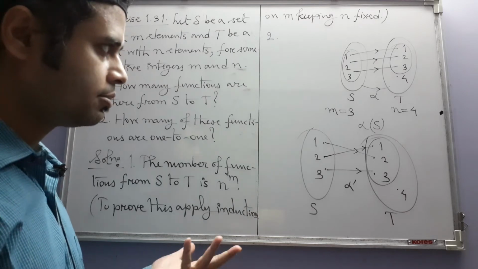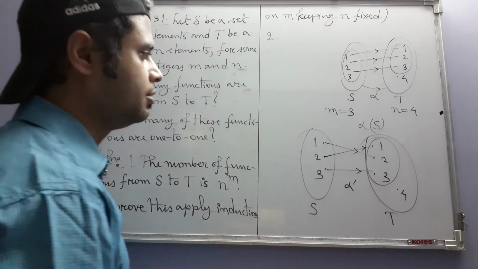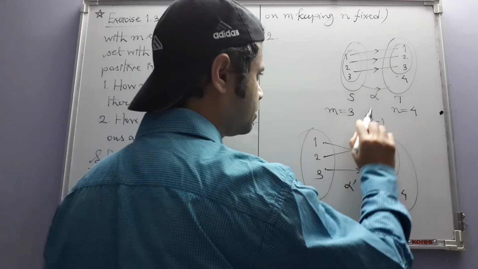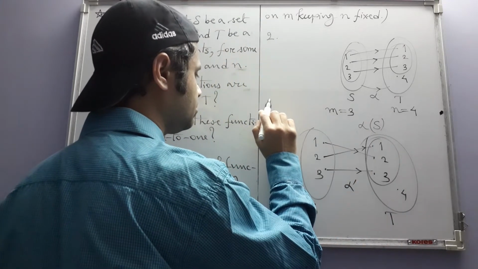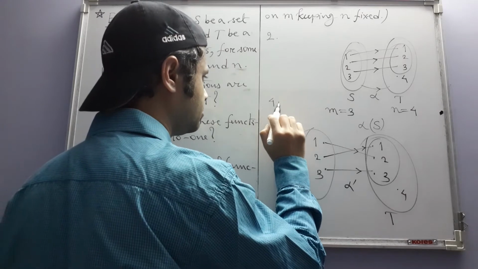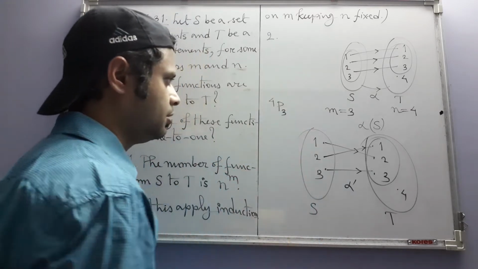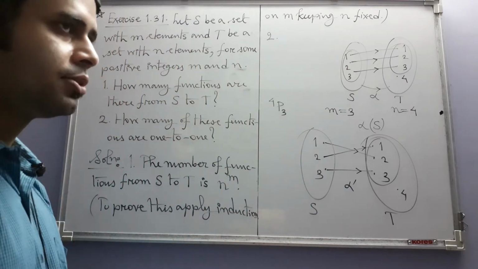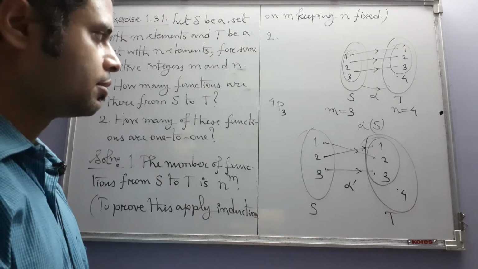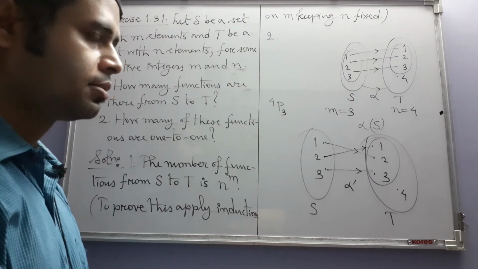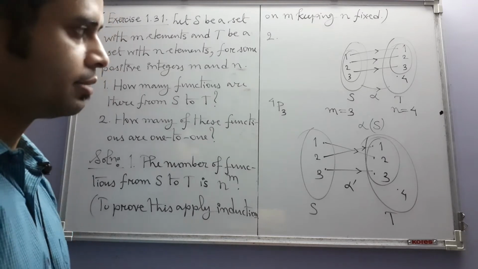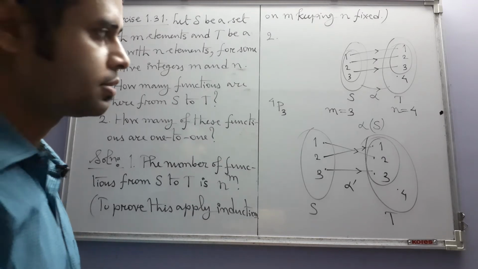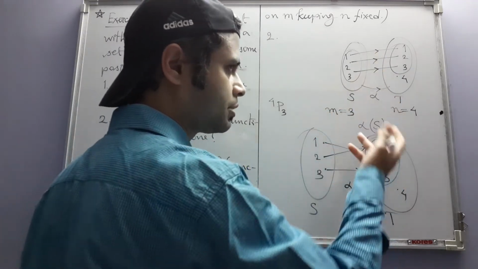So from this we quickly see that the number of one-to-one functions from S to T will be 4P3, the number of permutations of 4 objects when we are choosing 3 at a time, and distinct objects, of course, there is no question of repetition.